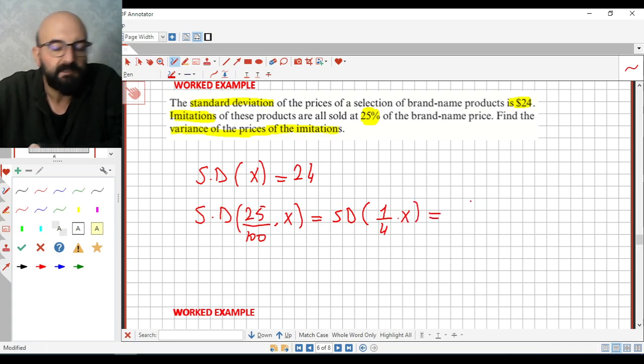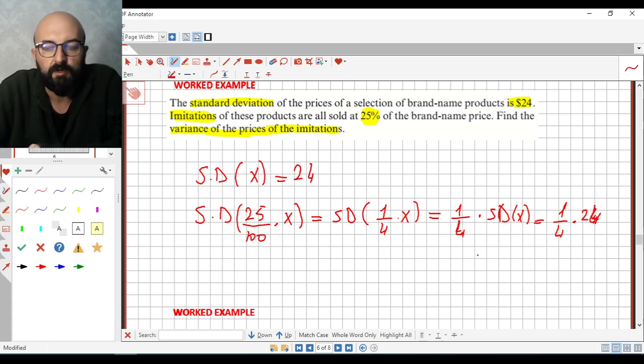Please remember from the beginning of this lesson, it means 1 over 4 multiplied by the standard deviation of x, and 1 over 4 multiplied by 24, because the standard deviation of x is 24. So the standard deviation of 1 over 4 x is 6.